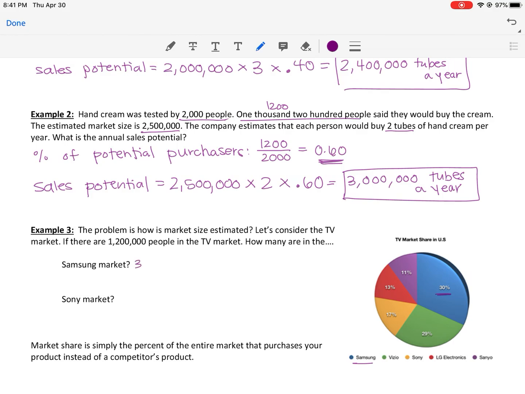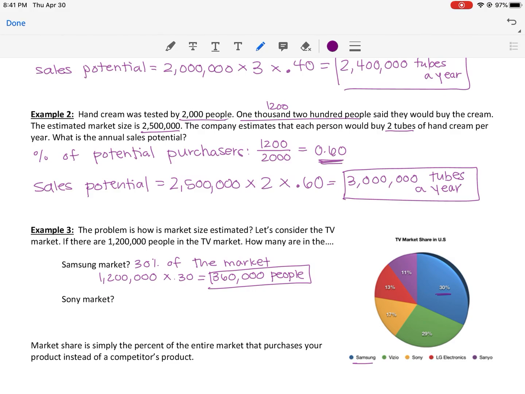So in this case, if you've got 30% of the market, if I wanted to know the market size, if we had 1,200,000 people, we're just saying, well, it's 30% of that. So let's times it by that 0.30. And here we get a market of 360,000 people. So just another way to think about some of the things we're doing up above.